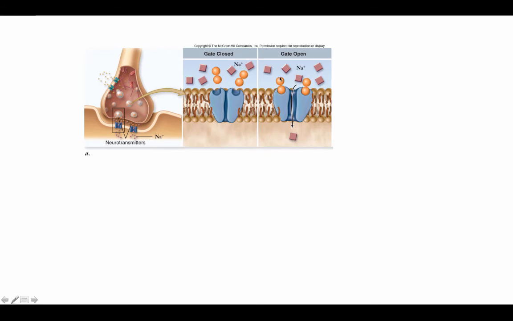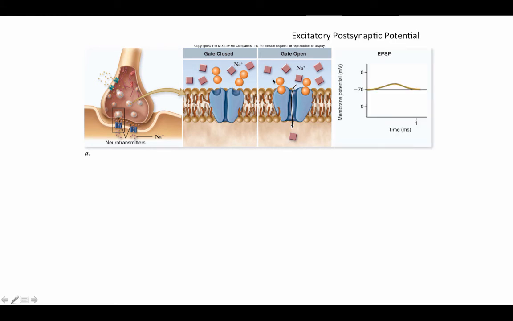So this can have a couple of different effects on the postsynaptic cells. Here we have neurotransmitters that are opening up sodium channels. And so those sodium ions are, of course, going to flow into the cell along both their voltage and their concentration gradient, depolarizing the membrane in this region.